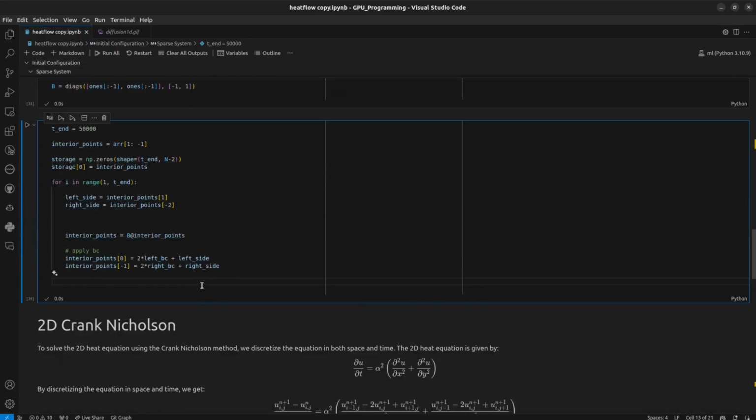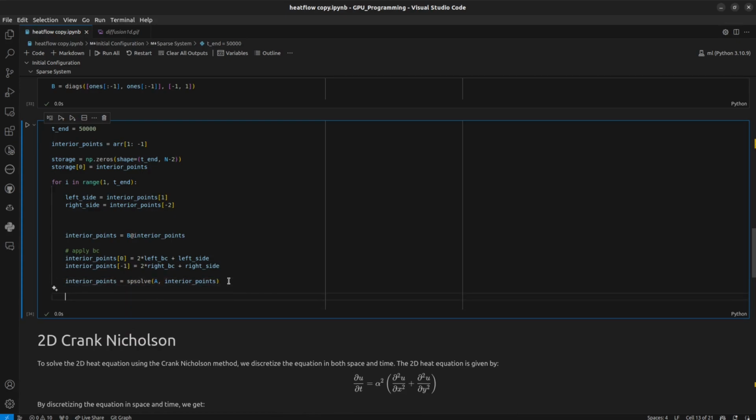That's just going to be a simple Gaussian algorithm. If we use this SP solve, that's just the Gaussian algorithm for sparse matrices. And the solution of this method is going to be, for our next iteration, the next interior point. So we always update these points. And if we want to animate it, we have to store these.